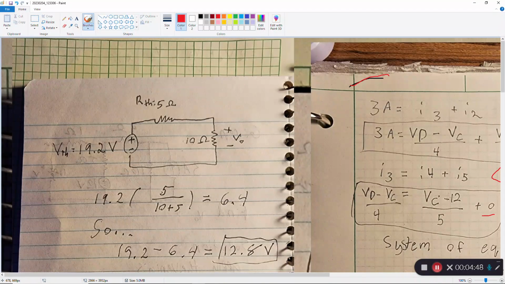Resistance division, I don't remember right now what it's called, but anyways, I did that. Normally I know that you can do it with the 19.2 times the 10 on the top to get this number quicker, but I like doing it like this just so I can visualize things better, and it's good practice for me. So I calculated the voltage across this and then subtracted that from this to get the voltage difference across that.